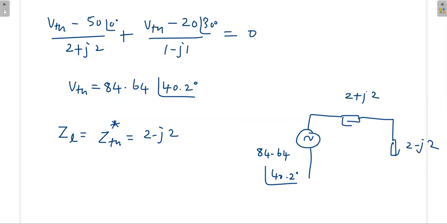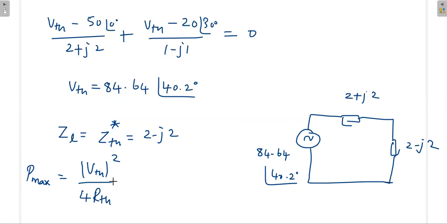Whenever you are in this format, you can directly use the formula that P max is equal to V Thevenin square divided by 4 R Thevenin. But the V Thevenin has to be in RMS value, so make sure that it is in RMS.